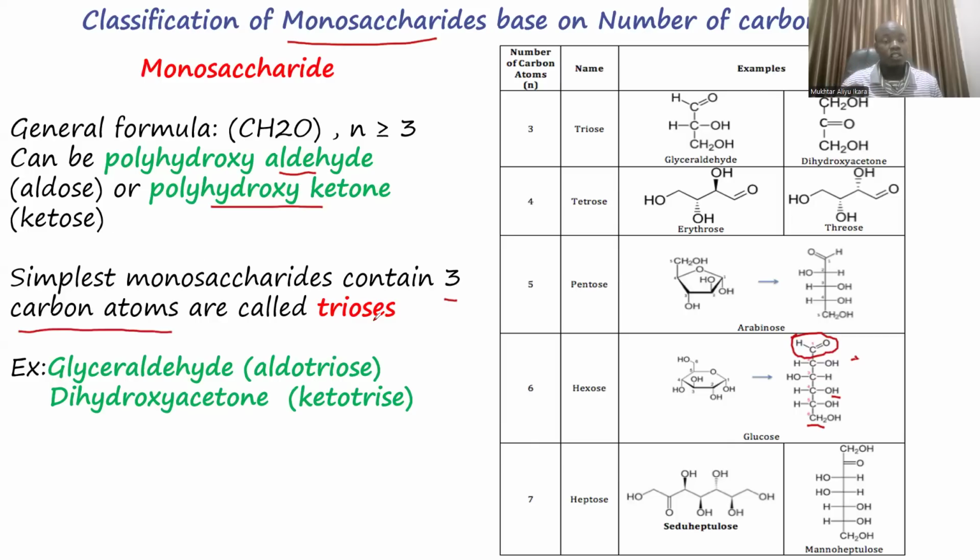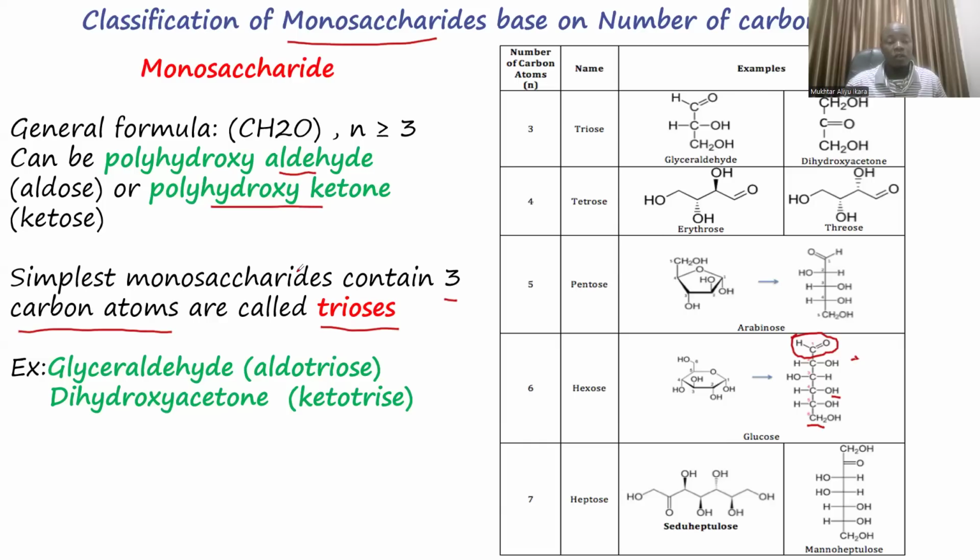The name we give to these simple sugars that have 3 carbon is trioses. The word tri means 3, so trioses are monosaccharides that contain only 3 carbon.